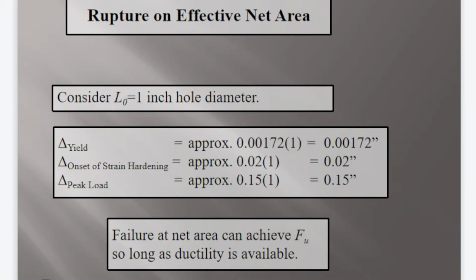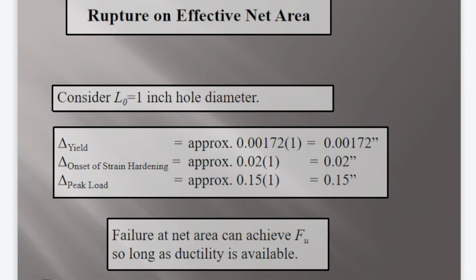If the original length is 1 inch with a hole diameter, we have the rupture. So we are looking at rupture on effective material compared to the summary when we are considering about 100 inches, because we are looking at the gross area, the yield on gross area.